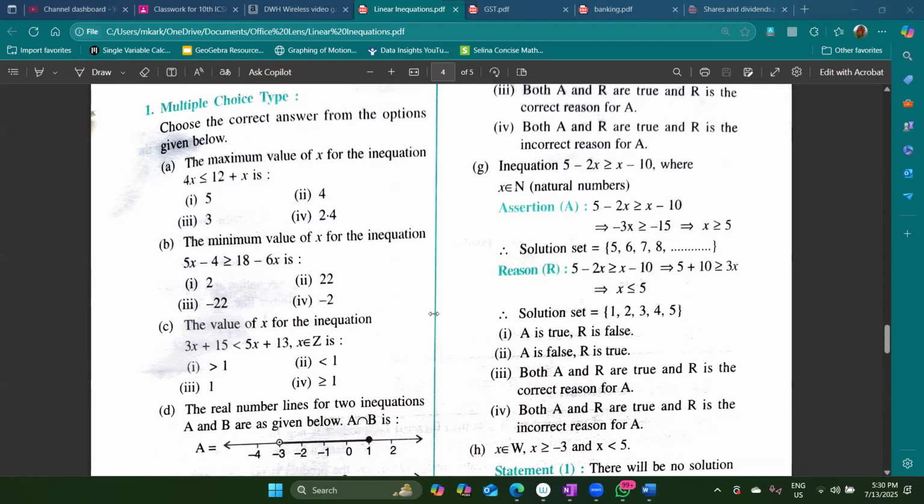Correct, Aniket. Correct, Soham. Correct, Riya. Correct, Advait. Cool.